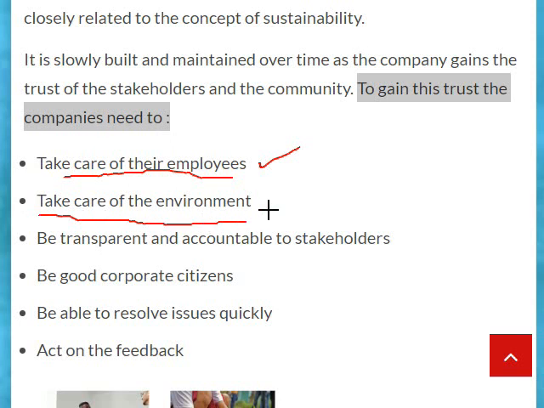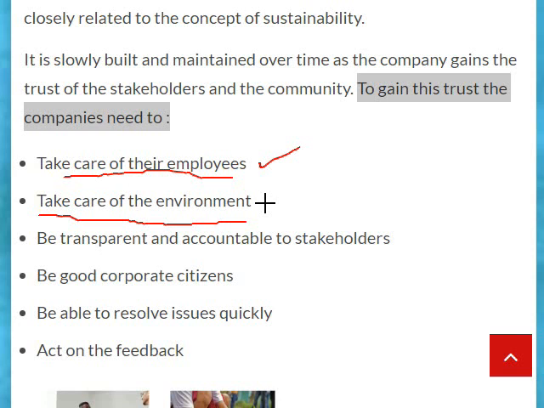Similarly, taking care of the environment. So slowly the environmental issues are getting more and more established in the mainstream, and the community as a whole expects businesses and companies to be responsible towards the environment.